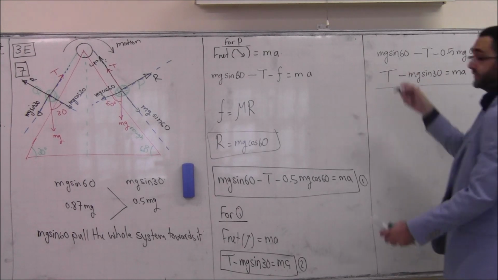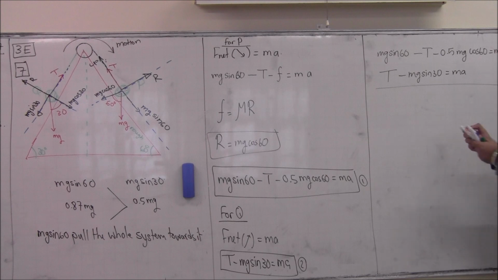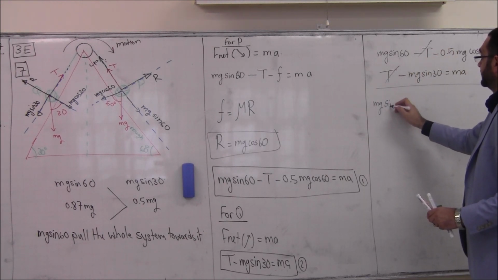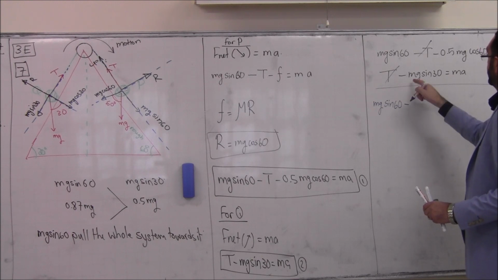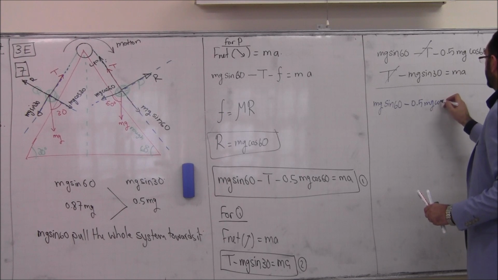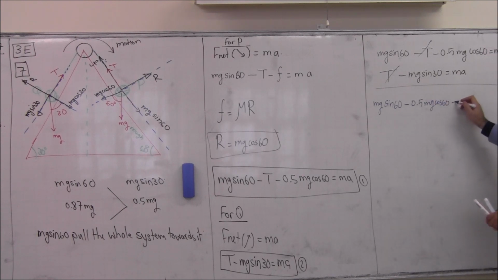Add them together, T cancels out: mg sine 60 minus 0.5 mg cosine 60 minus mg sine 30 equals 2ma. Look, no need to know the value of m. It will be cancelled out from all terms.